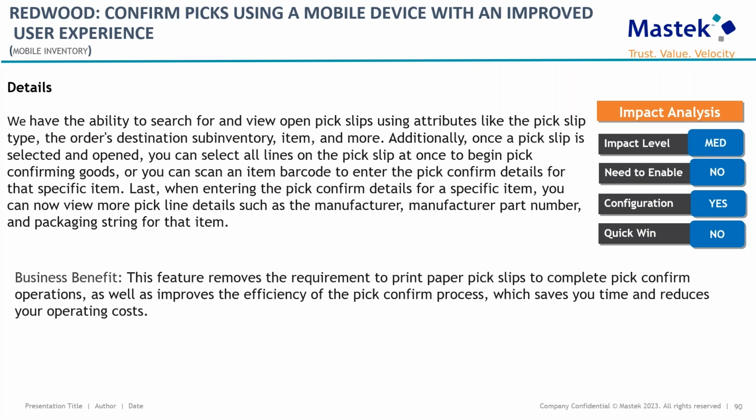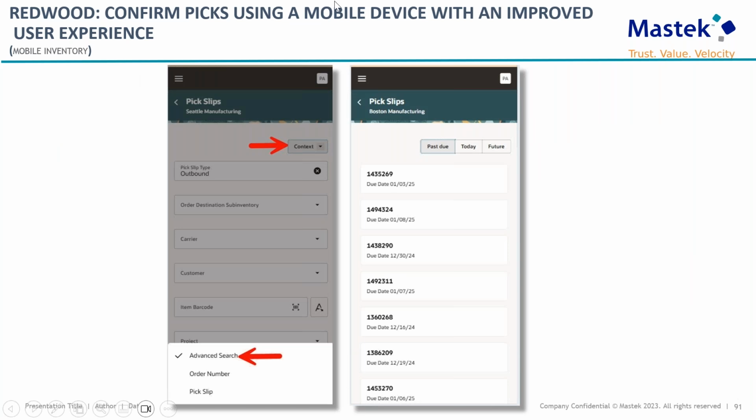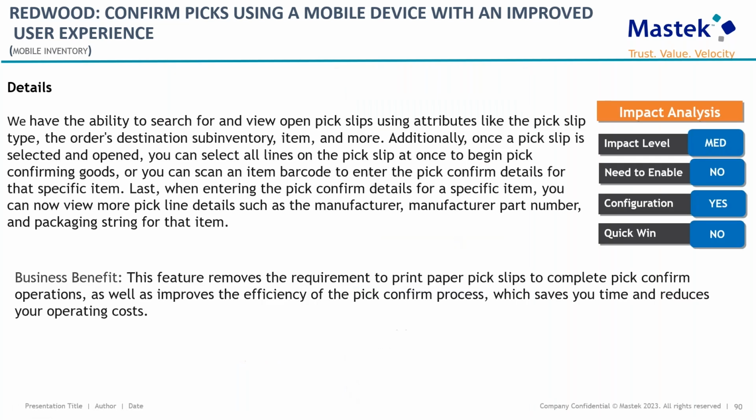These improvements reduce reliance on printed pick slips and significantly streamline mobile picking operations, saving time and boosting warehouse efficiency in a significant way. This is how the page looks on the mobile device. The impact is medium. We don't have to manually enable this option. Configuration is required, and it's not considered a quick win.